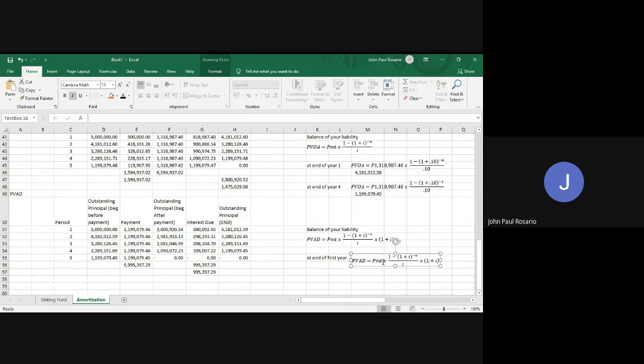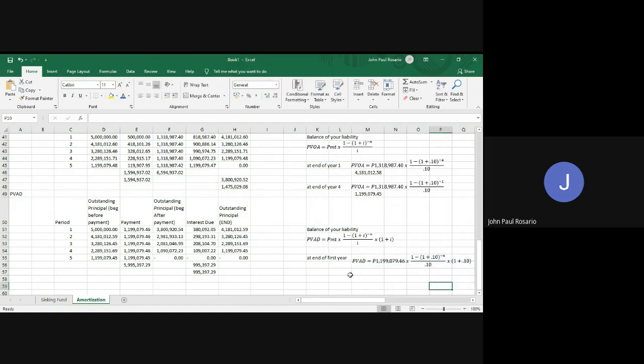Our payment for an annuity due is 1,199,079.46 and then 1 plus 0.10 raised to the power of negative n. How many years are remaining? That's 4 years, 5 minus 1 is 4. And then here 1 plus 0.10.